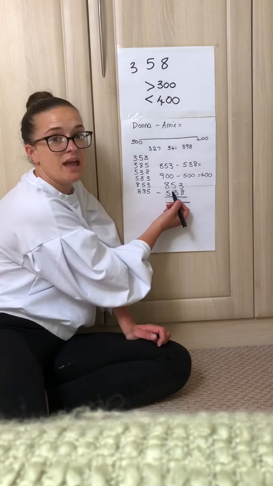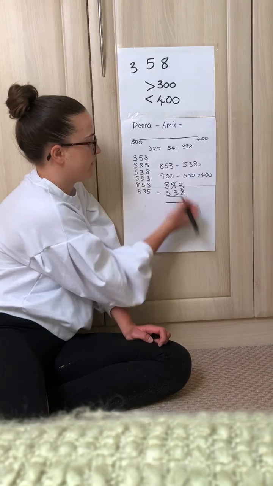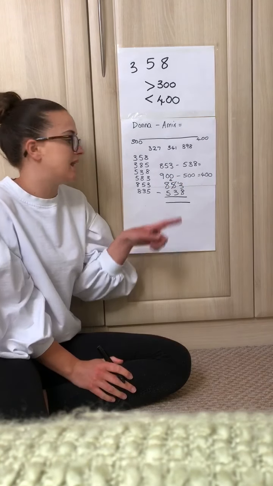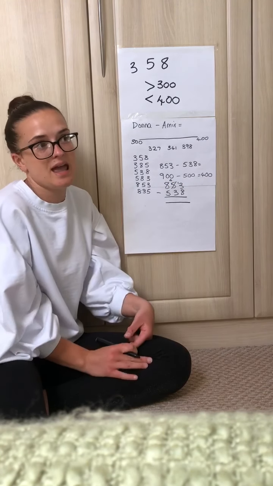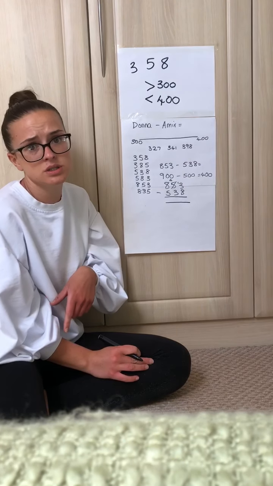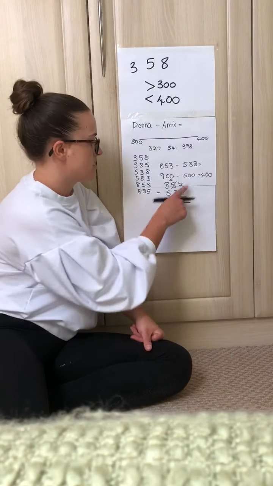So I'm going to exchange a 10 from my tens column. So I'll borrow one from my 50, make that 40, and exchange it over. So then I've got 13 subtract 8. I know that 8 to 10 is 2, and 10 to 13 is 3 more. So I've found the difference there.